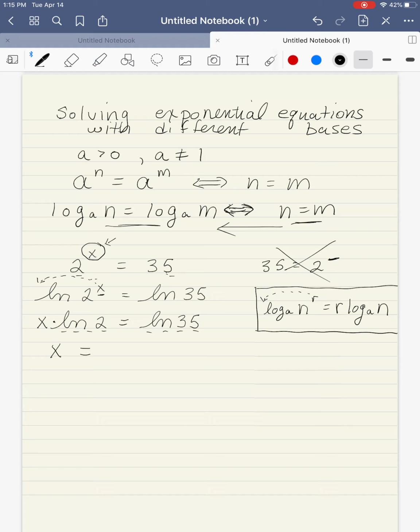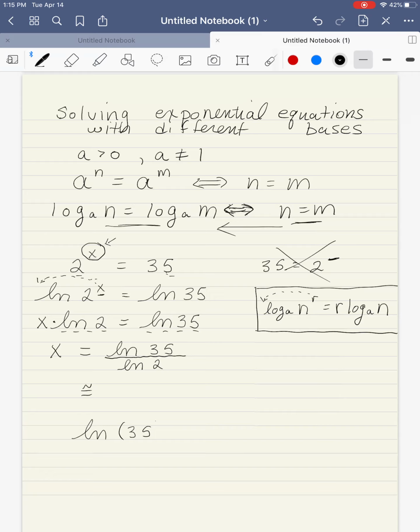So to isolate x, because we're multiplying here, we're going to divide both sides. x equals the natural logarithm of 35 divided by the natural logarithm of 2. And I don't know what that number is, but you can plug it in on your calculator.